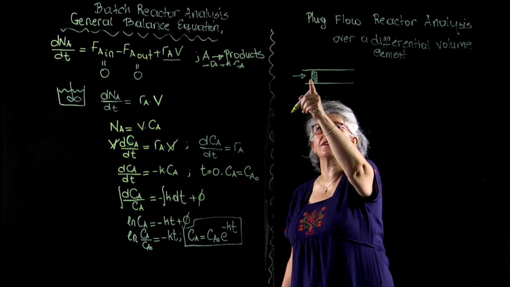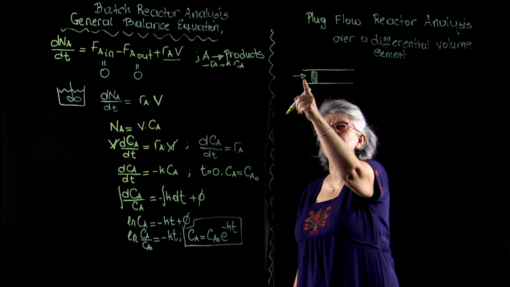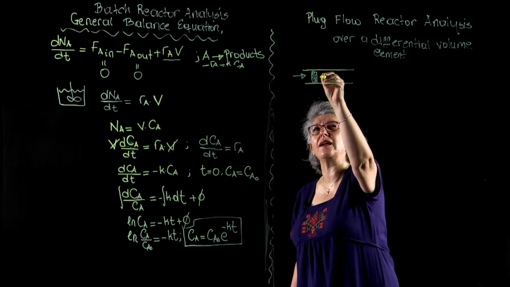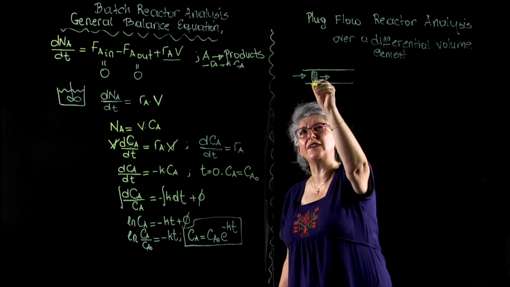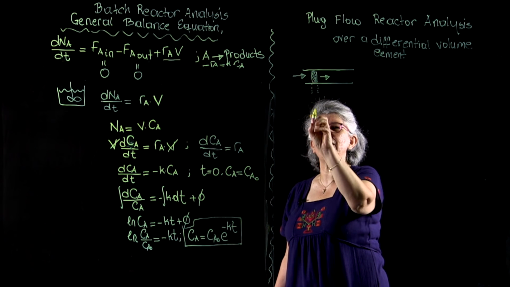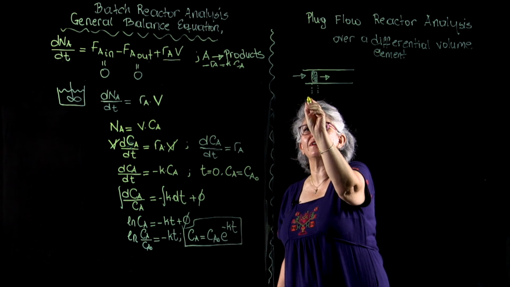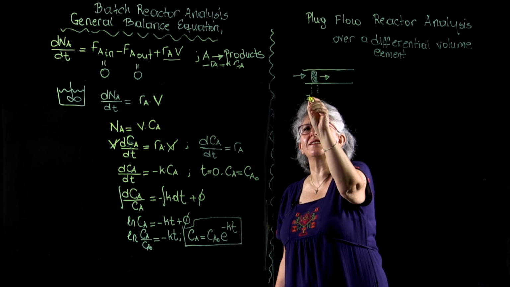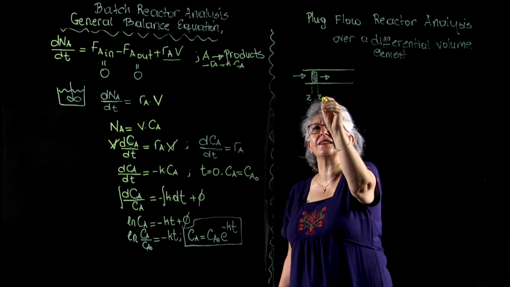In other words, it's not mixing with the fluid element in front of it, nor is it mixing with the fluid element behind it. So here I'm going to define a volume element which is going to start at Z, and it is going to end at Z plus delta Z.